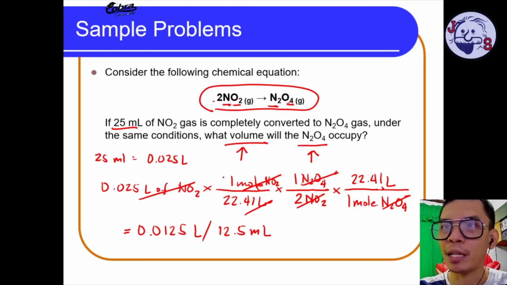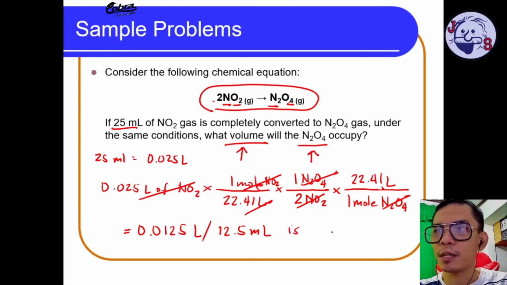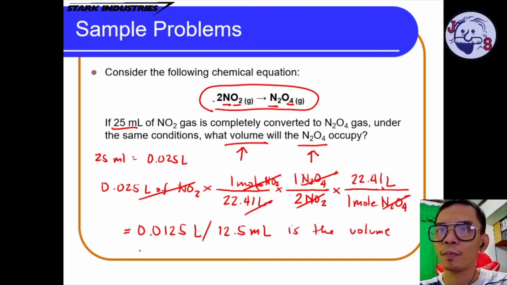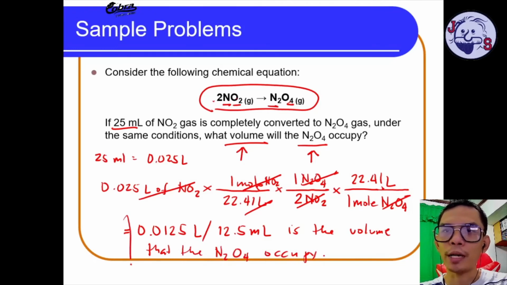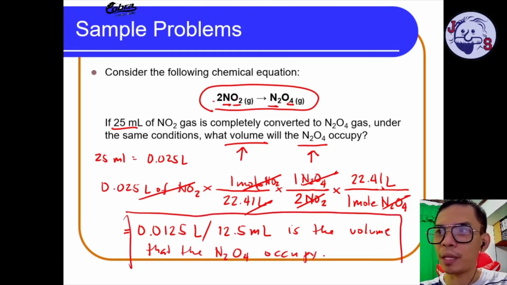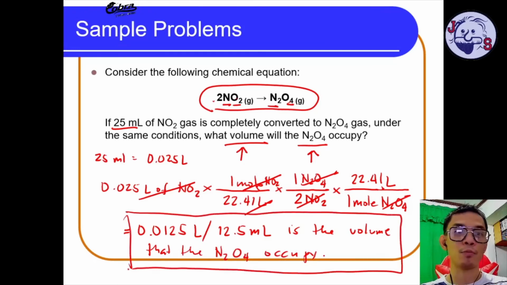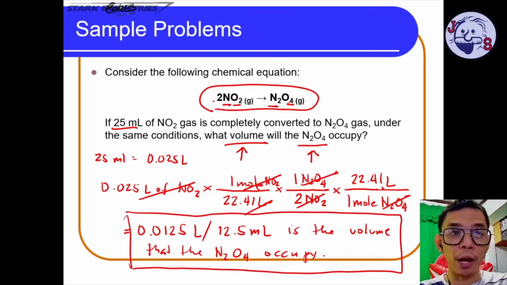Alright, so 12.5 milliliters is the volume that the N2O4 occupy. Alright, so this is the correct and complete answer to this problem that we have right here. Okay, so that is the gas stoichiometry problem.